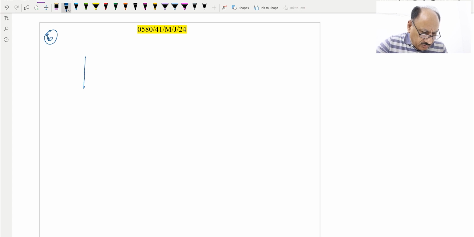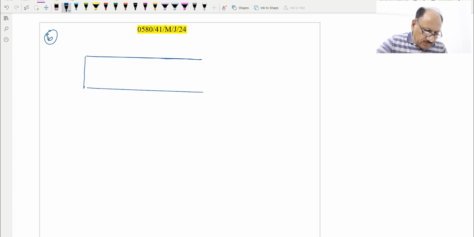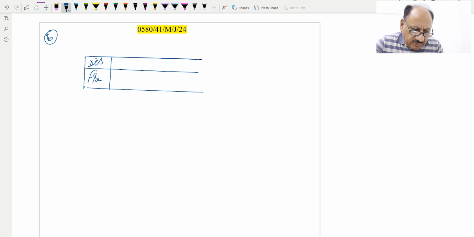If I quickly draw for you, this will be like this. Over here this will be distance, and this one is frequency, and we can take different ranges, and we will have to extend this table also.